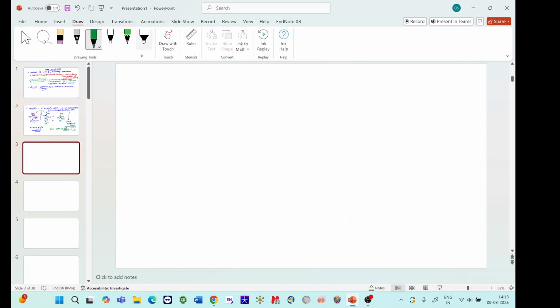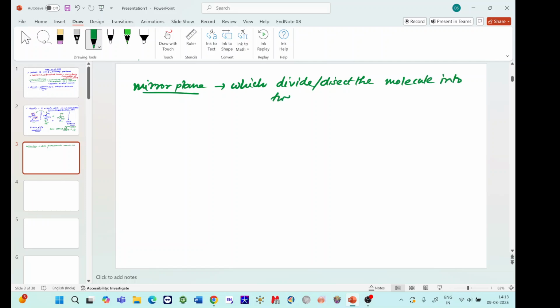What is a mirror plane? A mirror plane is an element of symmetry which divides, or better to say dissects, the molecule into two exactly similar parts.